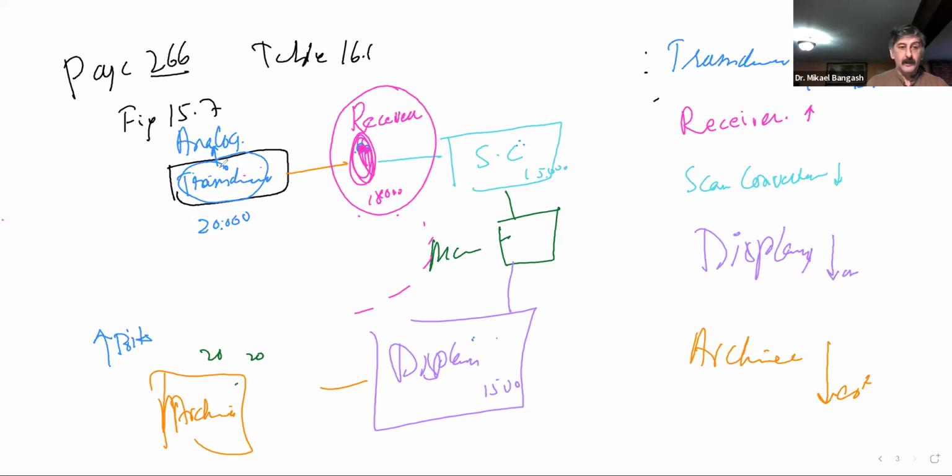Mainly because the number of shades here is too much for this, it needs to get compressed, or we need to reduce the dynamic range. As far as the dynamic ranges are concerned, it is going to be greatest in the transducer, lesser in the receiver, lesser in the scan converter, lesser in the display, and lesser at least in the archive.